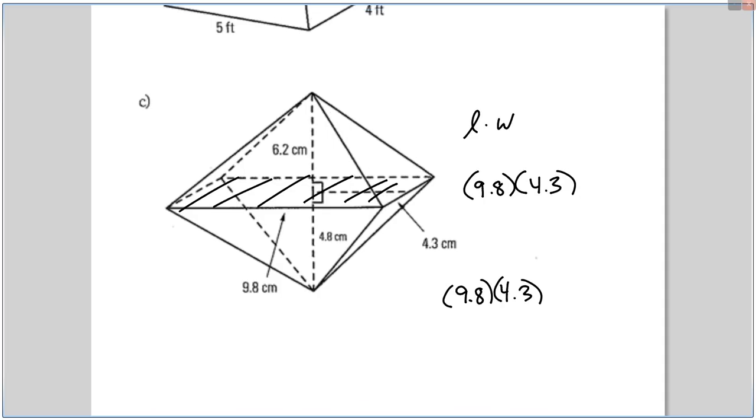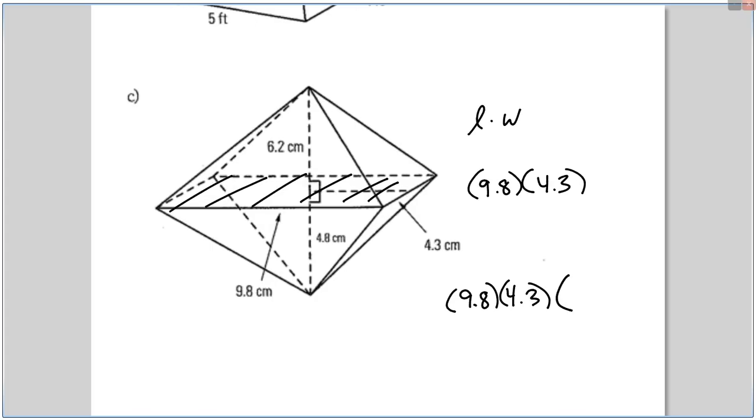And they just have 2 different heights. One height is 6.2, the other height is 4.8. Put 1/3 in front of both of them. Get each answer and add them up.